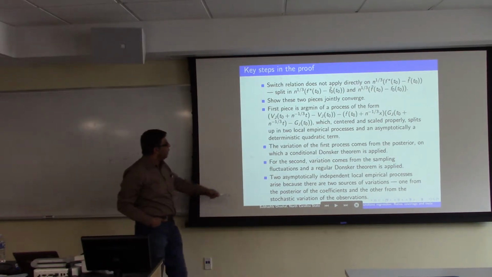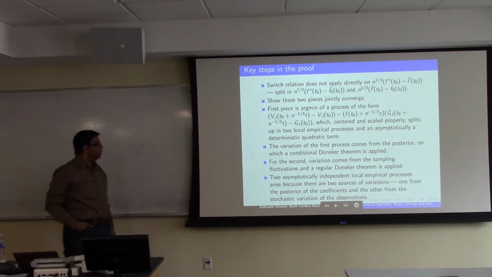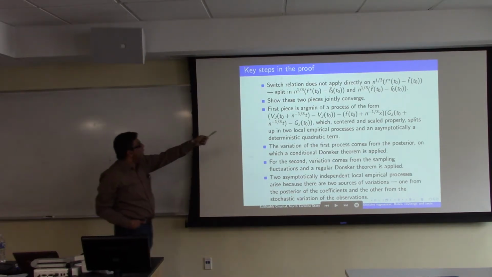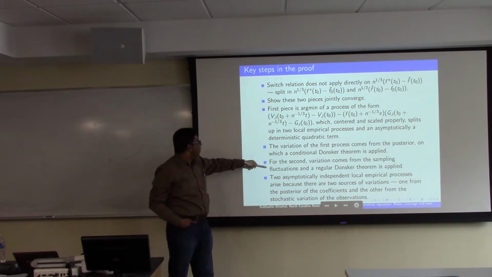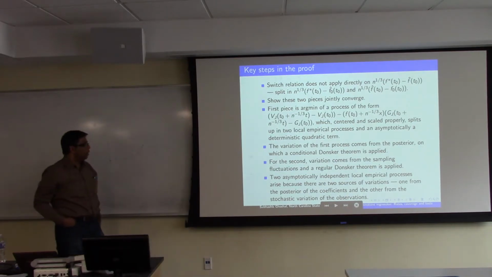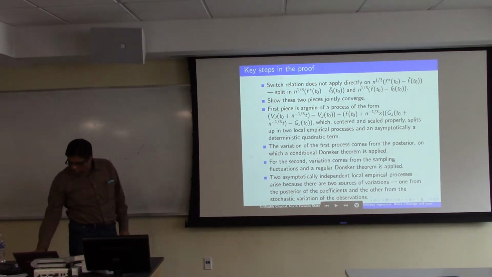The second comes from the fluctuation of the function around the truth, and that's a regular Donsker's. The second term there is basically the second part of this. So they are treated together, and then you have joint convergence. With playing with that, you can get through it.